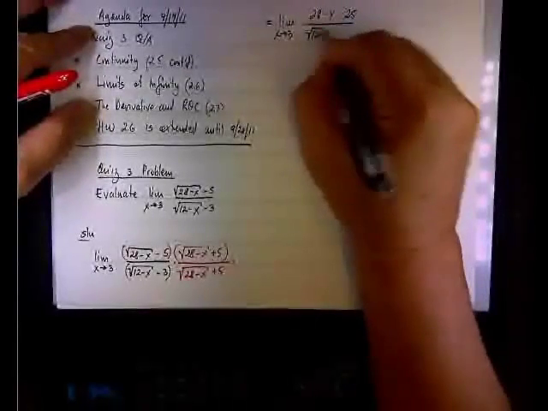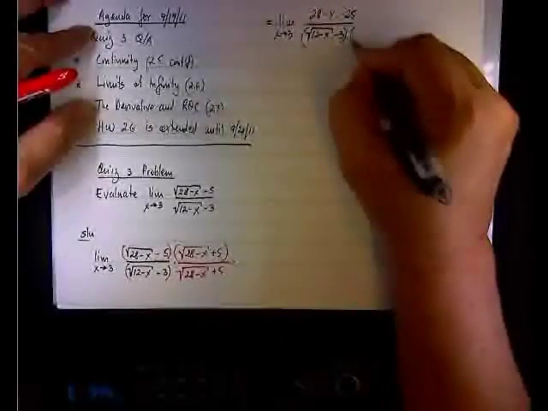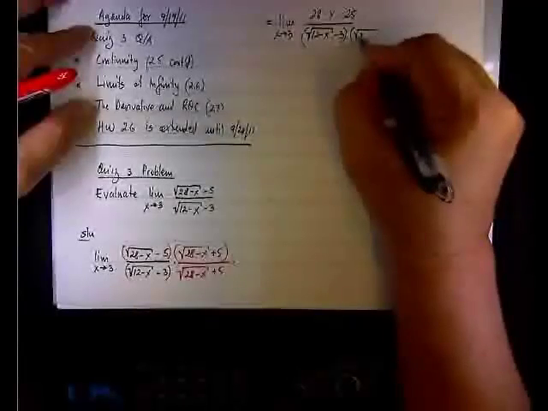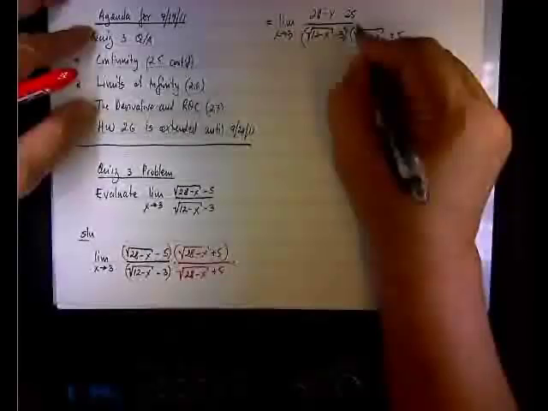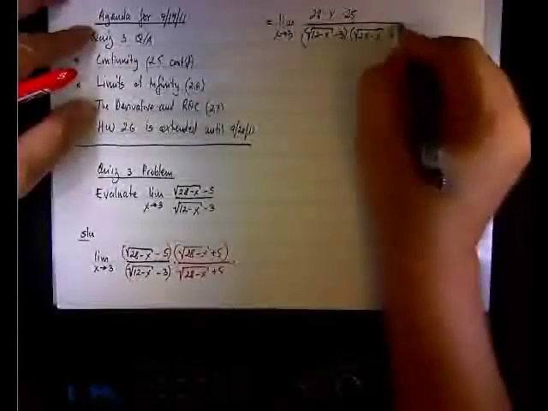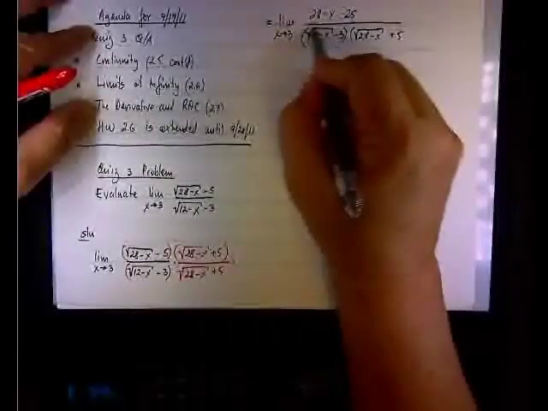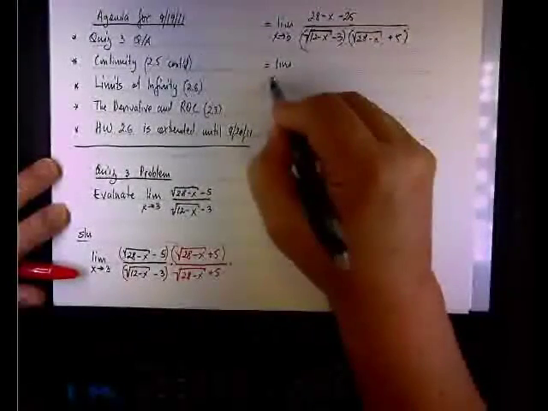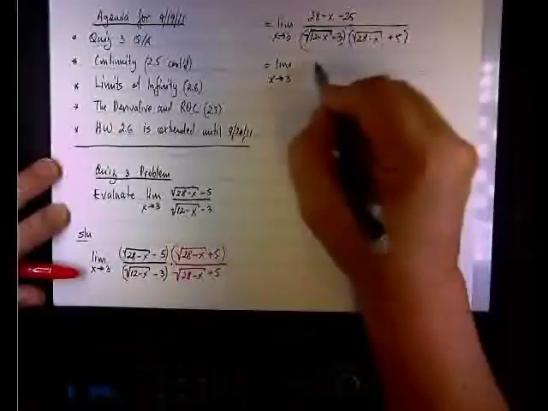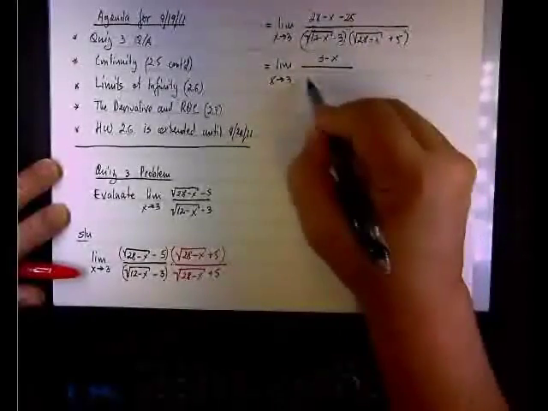Probably we want to do more than one conjugation. So here we have 3 minus x. Let me just simplify it first, okay? This would be 3 minus x on top.